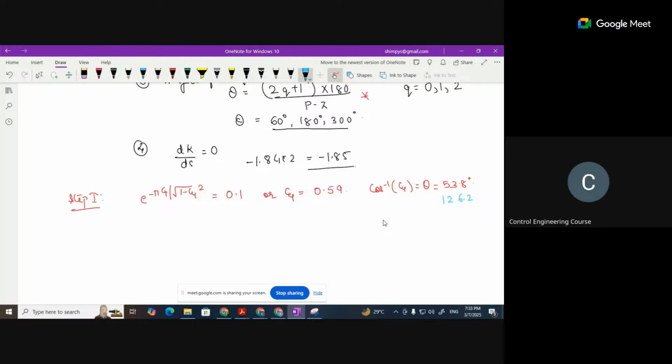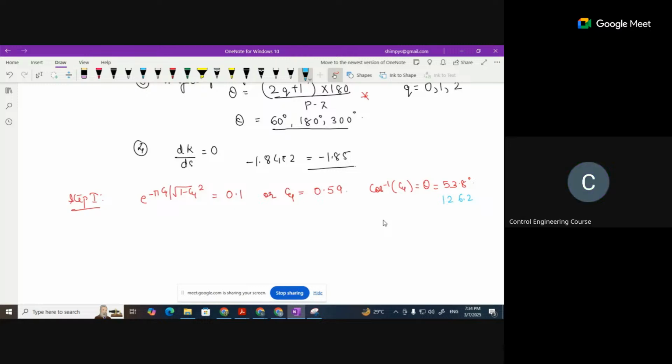Any order means generally we are dealing with second order or third order systems. Right, fine.